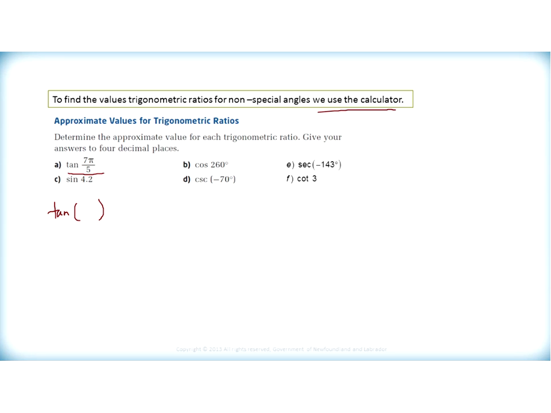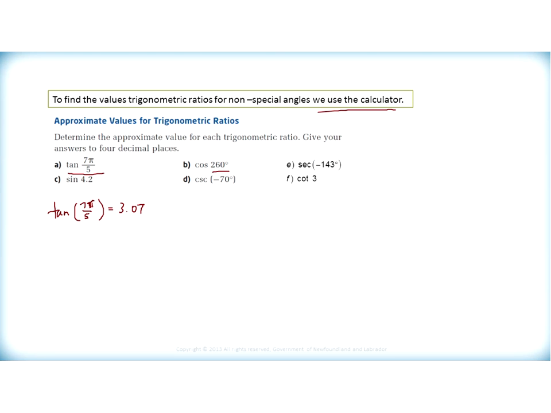I do 7 pi divided by 5, and I get an answer of tan of 7 pi over 5 is equal to 3.07. You've got to use your calculator for this because it's not a special angle of rotation.